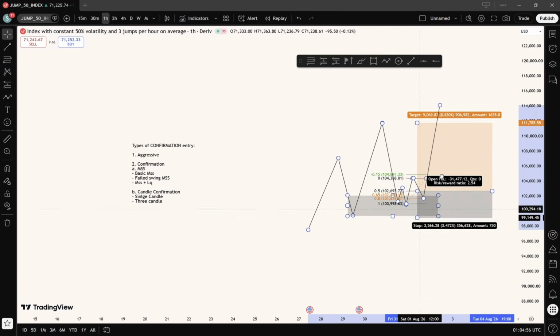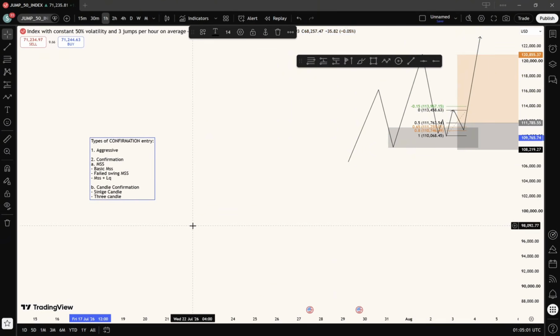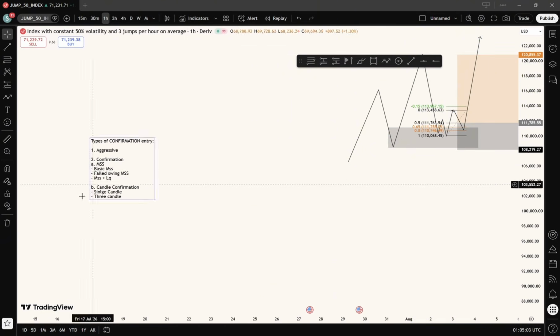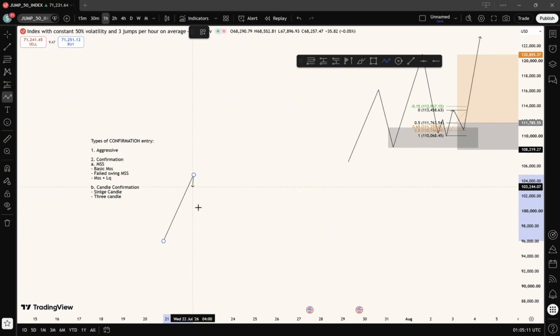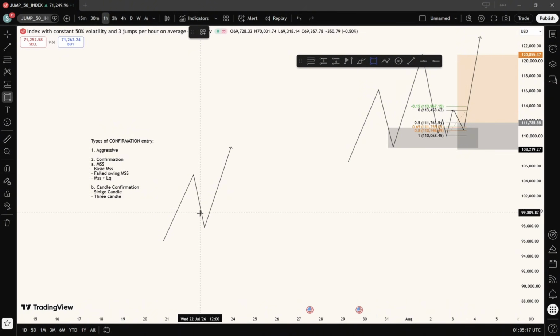Let me drag this somewhere. Then down to failed swing market structure. This is how it looks, still the same scenario on a bullish trend, and we're expecting to buy using this demand zone.